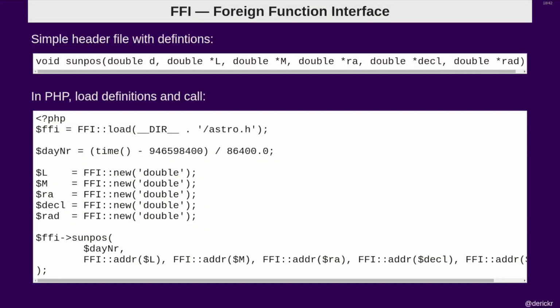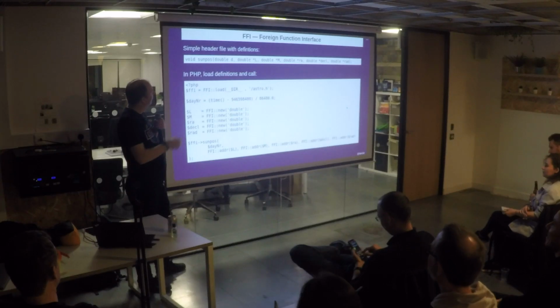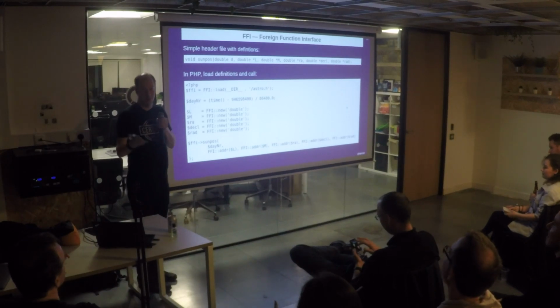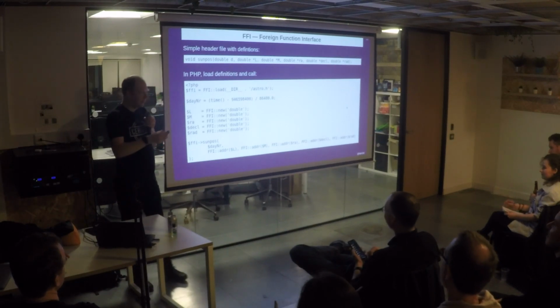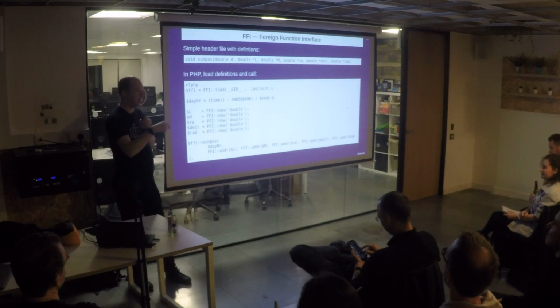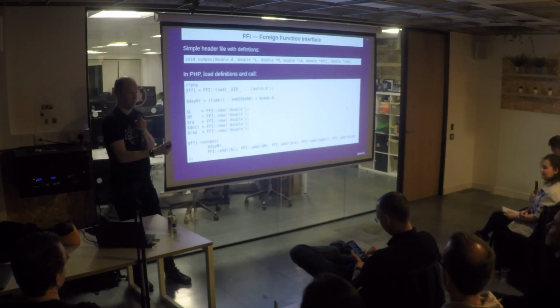So I have a very boring small example. I have written myself a library in C that calculates the position of the sun in the sky. Why? I don't quite remember, but I like messing around with algorithms. It's called sunpos. Again, not particularly well named. But how functions in C work, just like in PHP, you cannot return more than one value from a function.